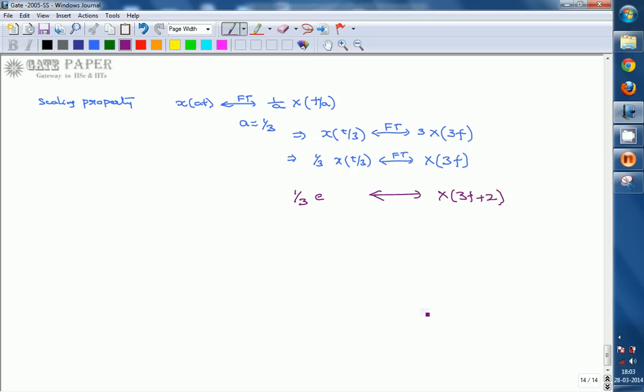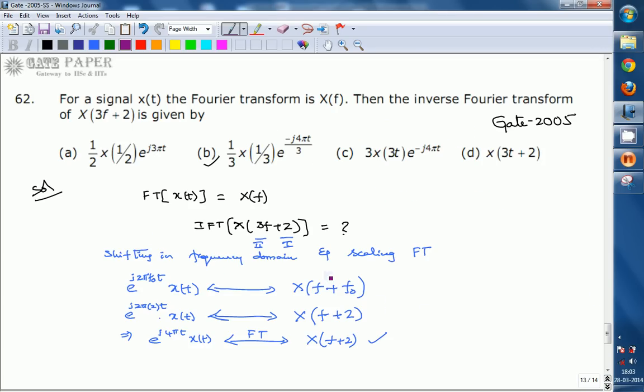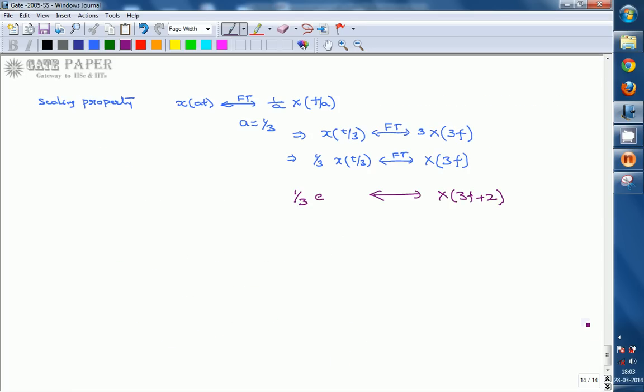Actually, we need to get minus here. The shifting property has minus j omega naught, so we will get minus here. So we will get e power minus j 4 pi, with t replaced with t by 3, into x of t by 3.